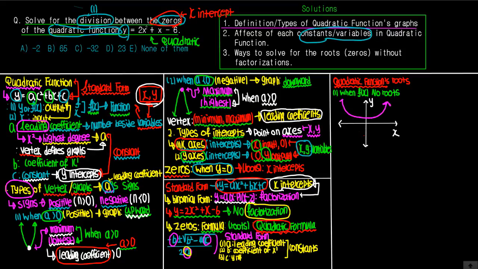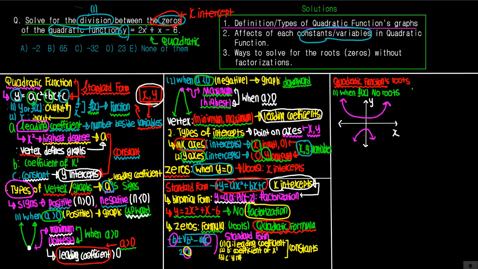Something like this has no roots, which is the same as having no x-intercepts. Drawn more neatly, it looks something like this. It doesn't have any roots.